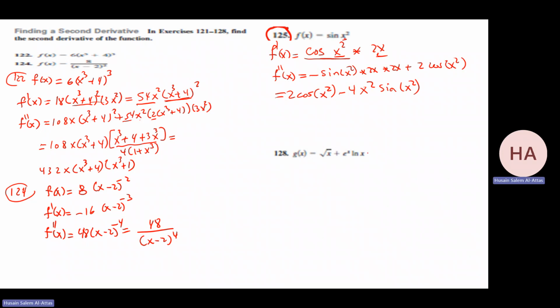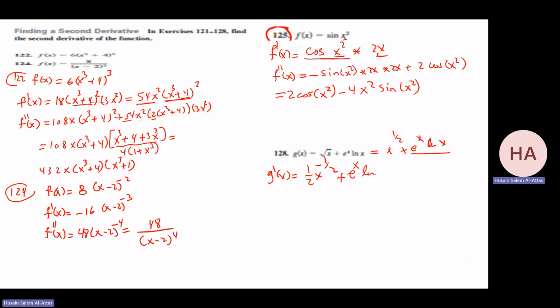Okay. Now this one is x to the power half plus ax ln x. I need to find now the derivative of this. What is g prime? It's half x to the power minus half. What about this one, product?